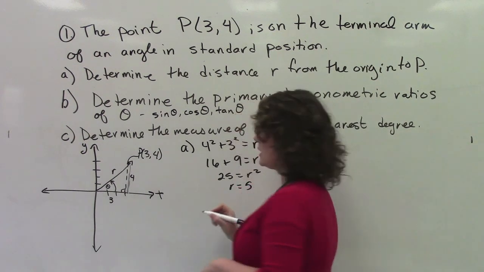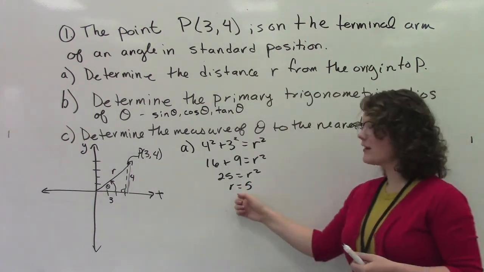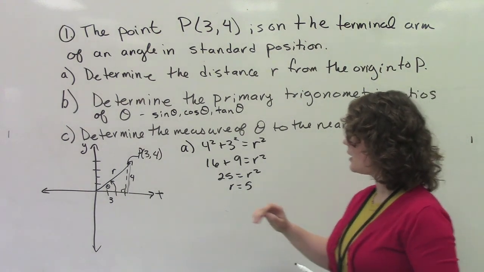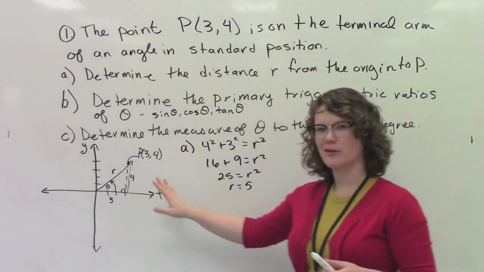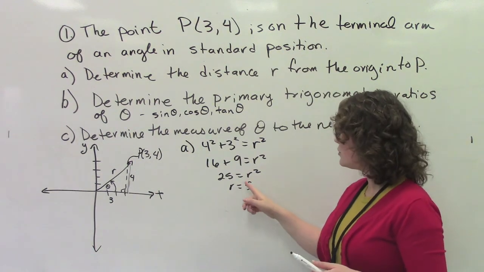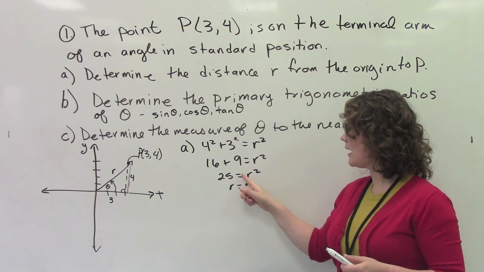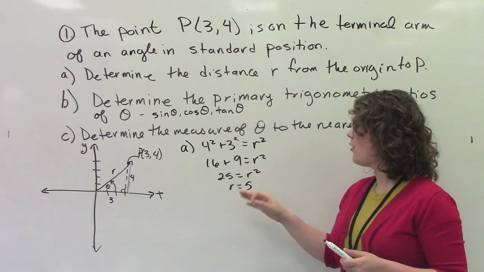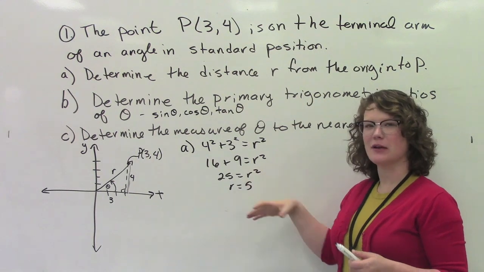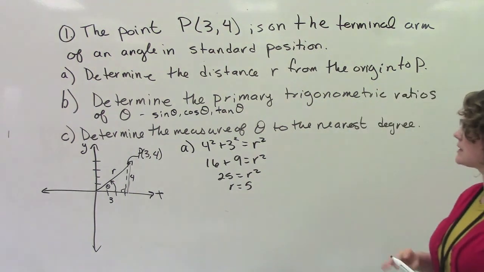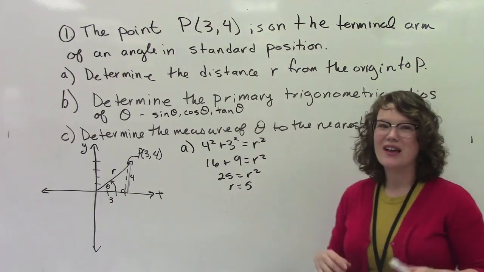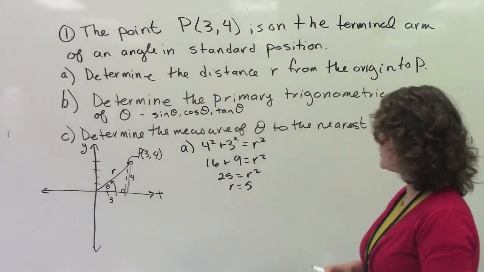R equals 5. We're going to get to the point where r equals plus or minus 5, but since we're in the first quadrant, we're not going to worry about that negative quite yet. Usually it's going to be positive or negative 5 when we have a variable out here, but just for this section, let's keep it at r equals 5, even though in all honesty, guys, it could actually be both.